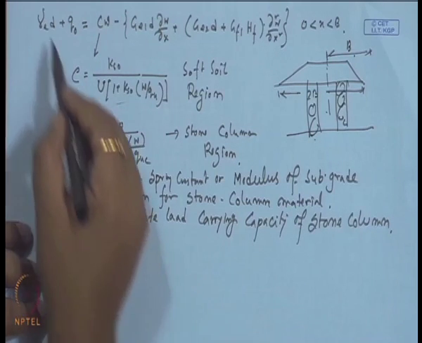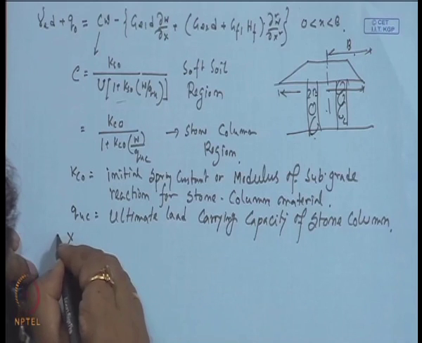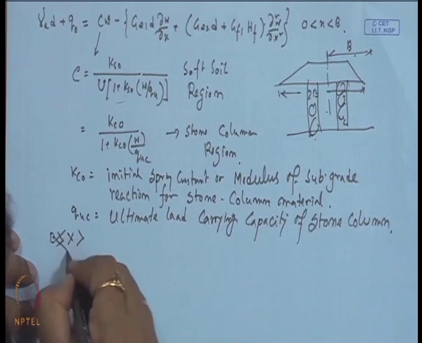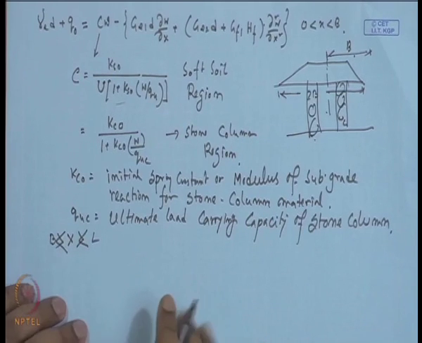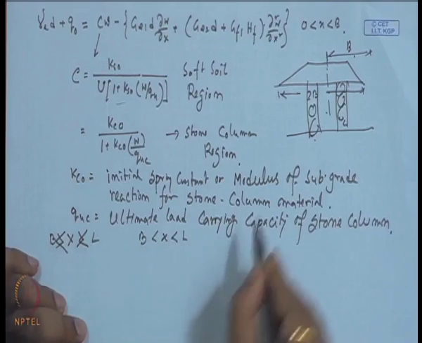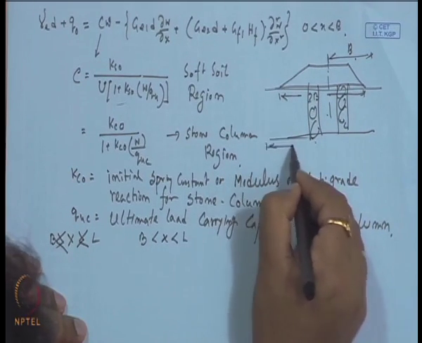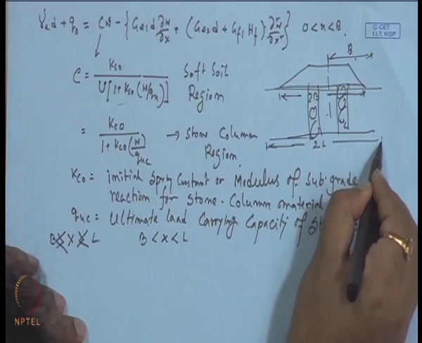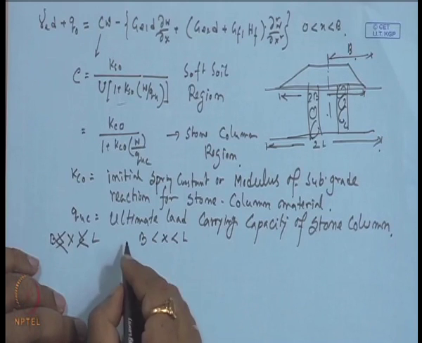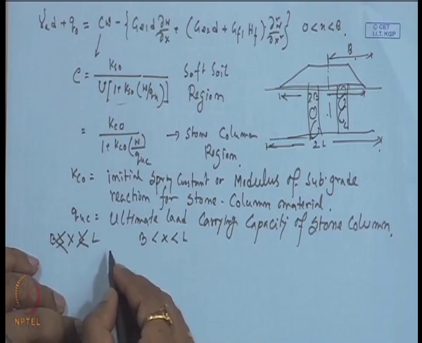Then for the region where x is greater than b and less than L, L being the width of the total model from the center, we will get an expression, because in this expression the total force is 0.